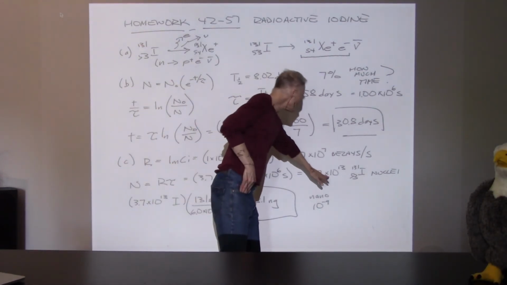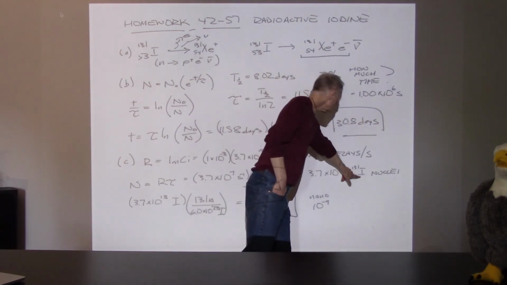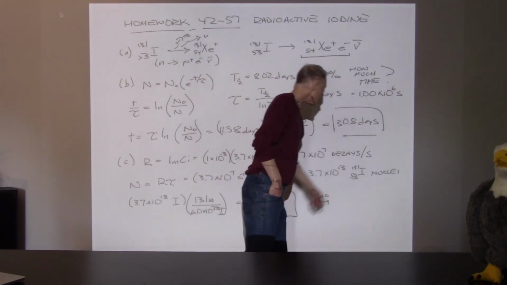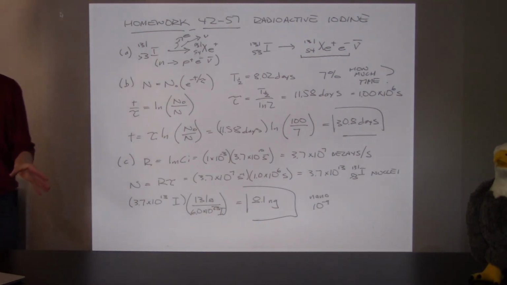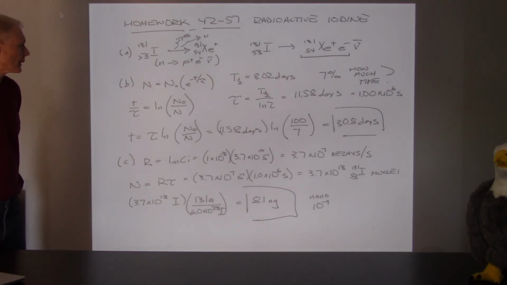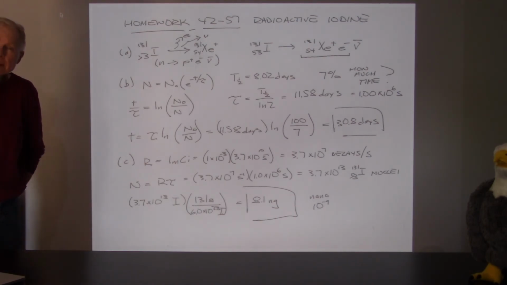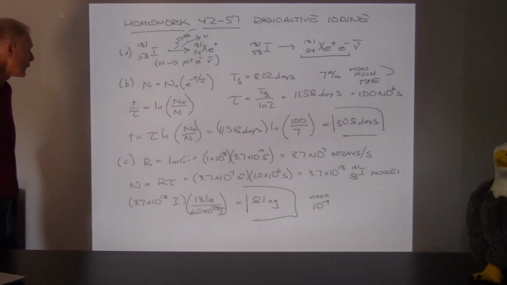Anyway, this is the number of iodine 131 nuclei in the sample we're talking about. So this sample, which is physiologically harmful, is 37 trillion iodine 131 nuclei.